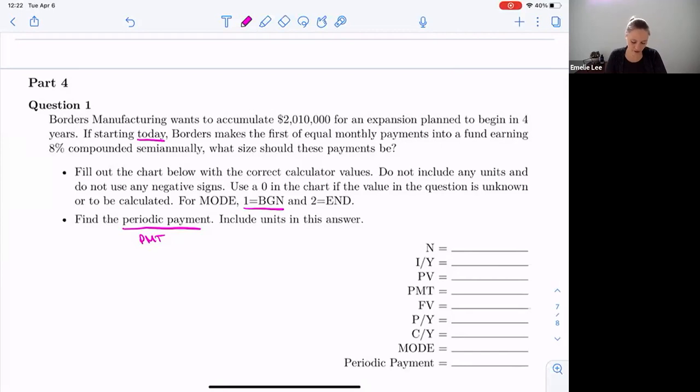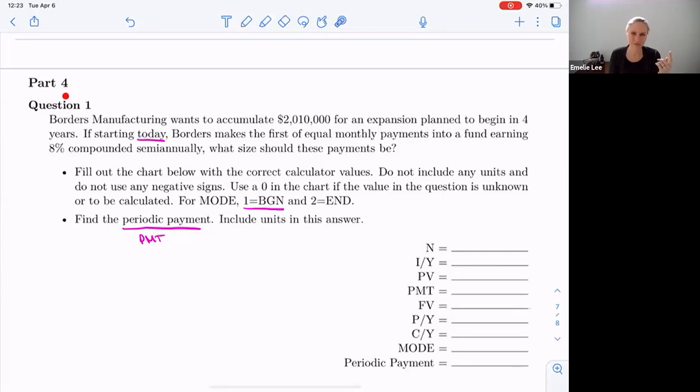Borders makes the first of equal monthly payments into a fund earning 8% compounded semi-annually. What size should these payments be? Okay, same idea. The only thing that's changed is recognizing that all these payments are starting at the beginning of each month.